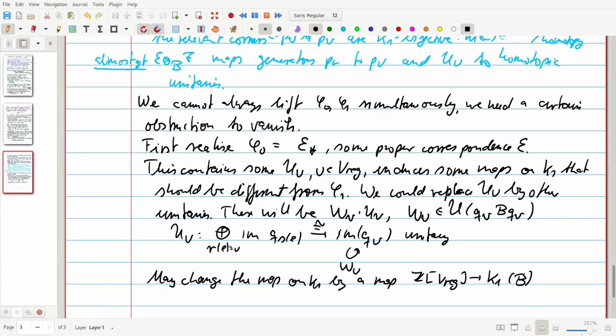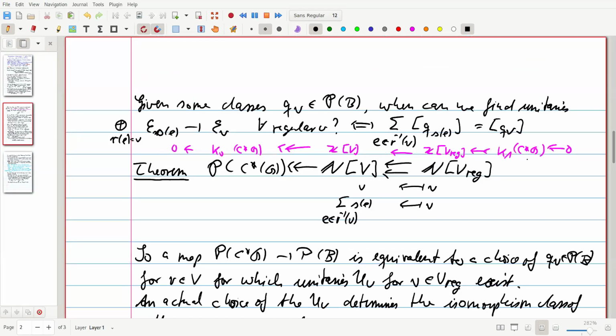If I go back to my K-theory computations, I wanted to induce a certain map on this K1 group. And I have the freedom of picking unitaries for regular vertices, these WVs. This means I can pick a map on this group. And if you work out what happens, the map on K1 can be changed by a map that factors through this.